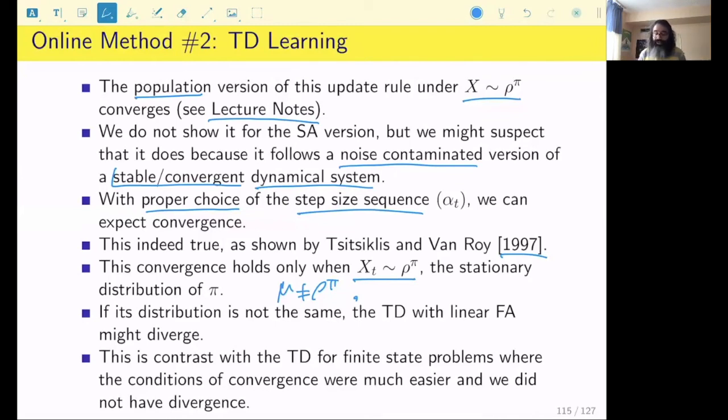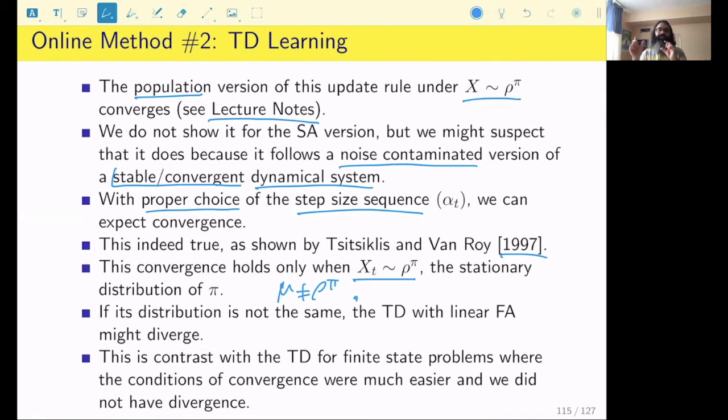A consequence of this is that Q learning with linear function approximation might diverge, because the policy Q learning is evaluating is the greedy policy with respect to the current estimate Q_t. That policy is very likely different from the policy you follow to generate data, because, for example, you follow an epsilon-greedy policy to have enough exploration.